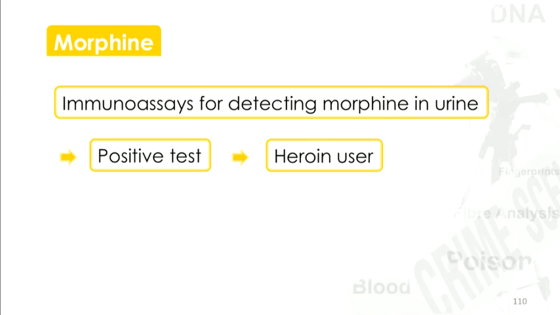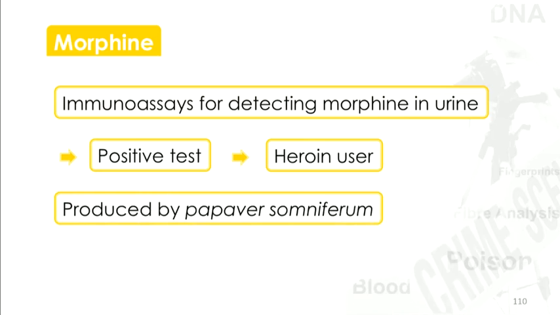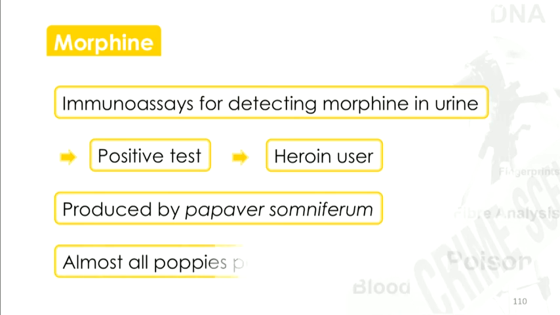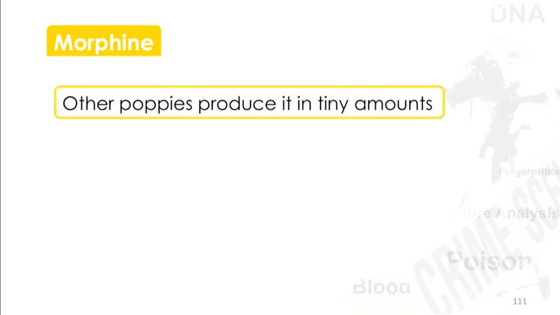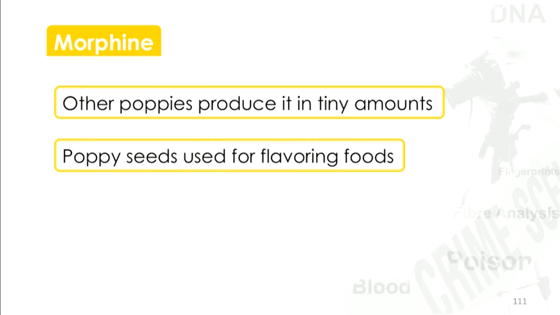Morphine is produced by the plant Papaver somniferum, and this is one of the poppy family. It turns out that almost all poppies produce morphine, but all the other types of poppy produce it in very tiny amounts. And poppy seeds, of course, are used to flavor, for instance, bakery products, such as a poppy seed bagel.